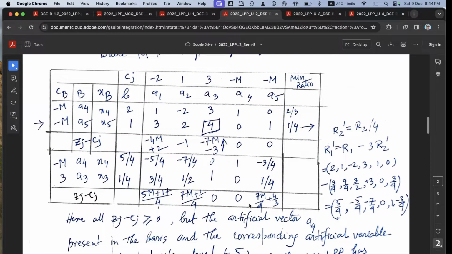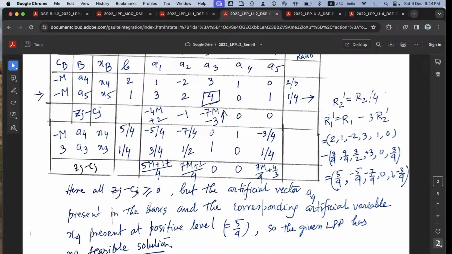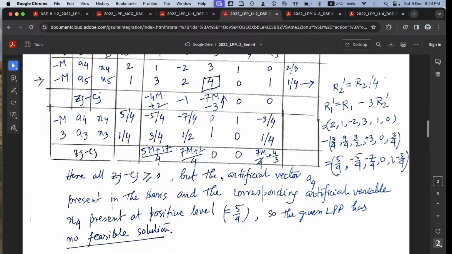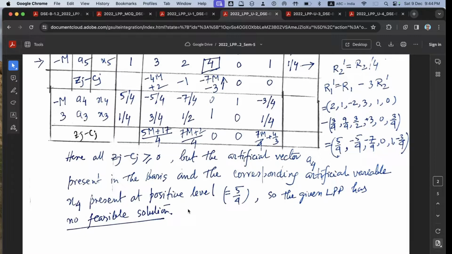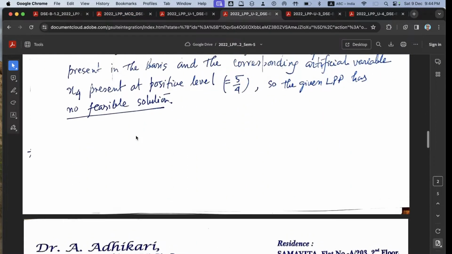Since all zj minus cj are greater than or equal to 0, but an artificial vector is present in the basis, the artificial vector a4 is present in the basis and the corresponding artificial variable x4 is present at a positive level, so the LPP has no feasible solution.